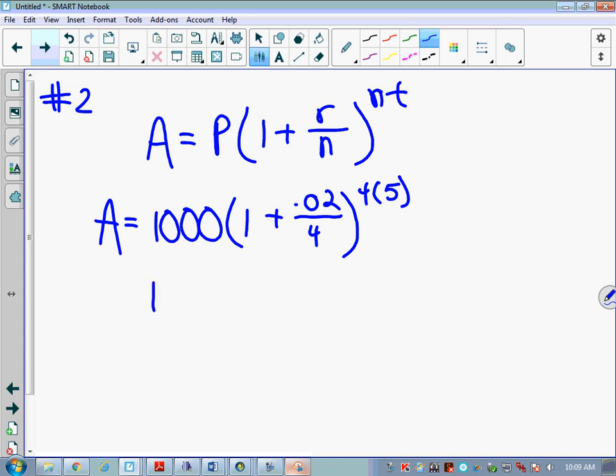So we're getting 1,000 times 1.005 to the 20th. So I can take my 1.005, which I have in my calculator, to the 20th, okay, times 1,000.